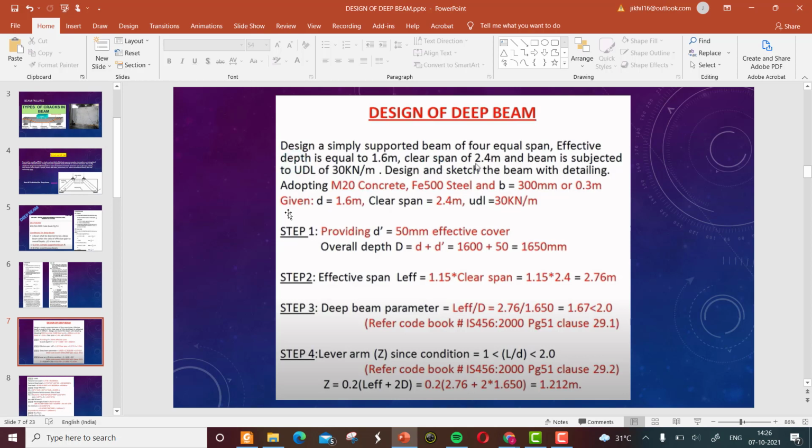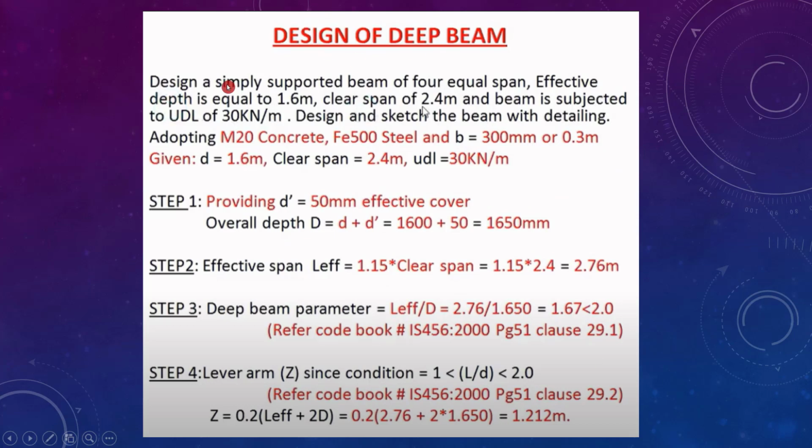So in the question, it is to design a deep beam. To design a simply supported beam of equal span, the effective depth is equal to 1.6 meter. The clear span is given as 2.4 meter, and the beam is subjected to a UDL of 30 kilonewton per meter.